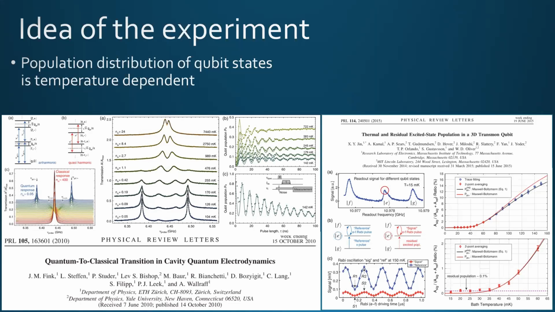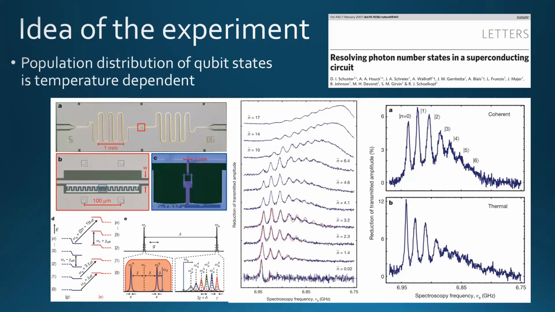Another paper is where the authors can resolve the photon number in a resonator which is coupled to a qubit, and they can also define, for example, the distribution of coherent photons which come from a source, or an RF source, or a distribution which is caused by some population of thermal photons.